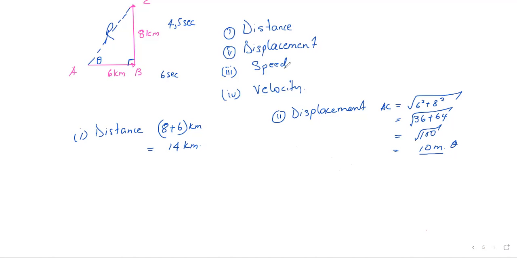If you want to calculate the speed, it is the rate of change of distance. That is the distance, rate of change of distance, divided by time, that's the rate. The distance that the boy has moved from A to C is 14 kilometers. The time he has taken is 10.5 seconds. So we need to convert that into meters.